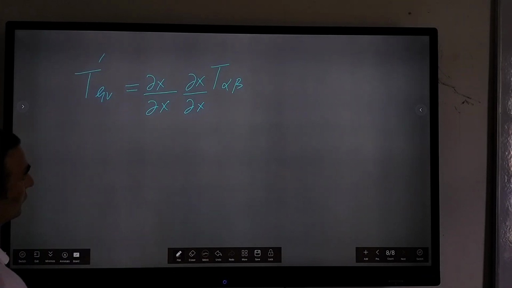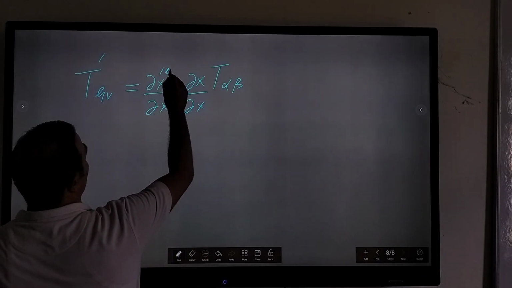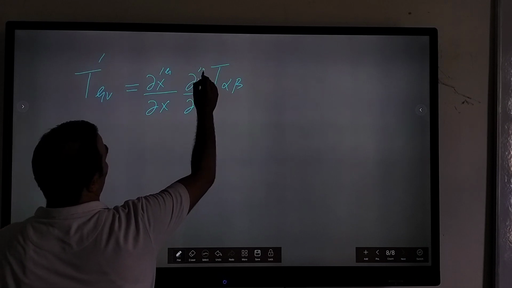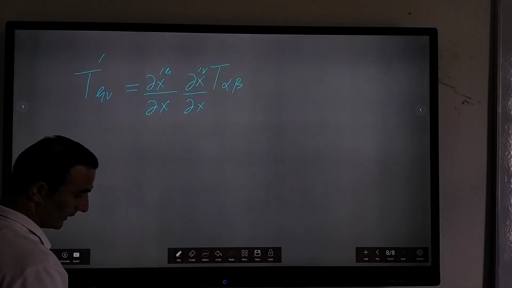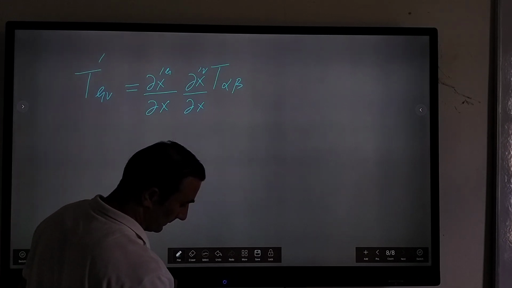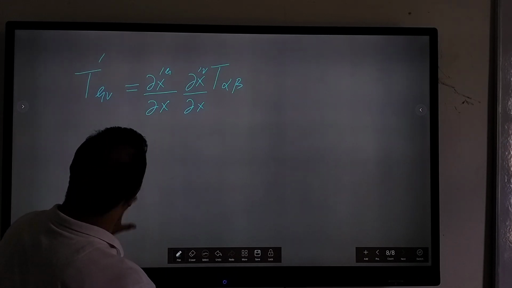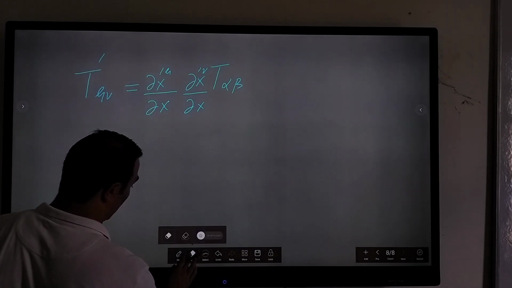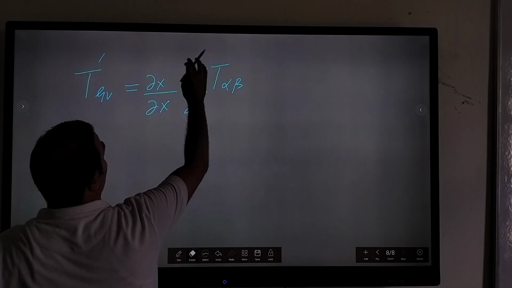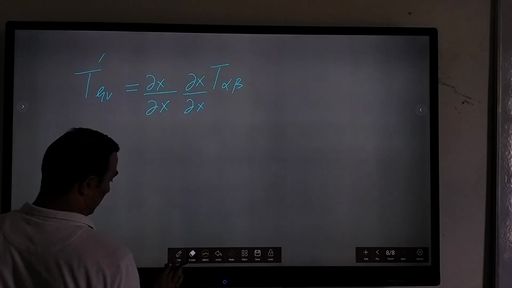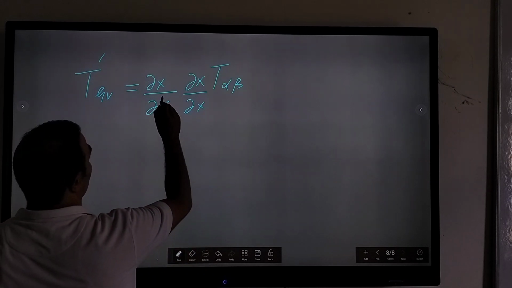Okay, so this will be T prime mu, this will be mu prime. Sorry, I have to, because this will be in the subscript, so you should write it this way. So this will be prime mu.